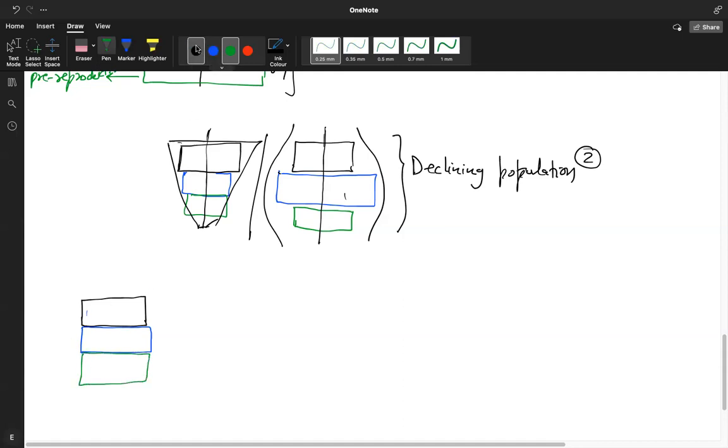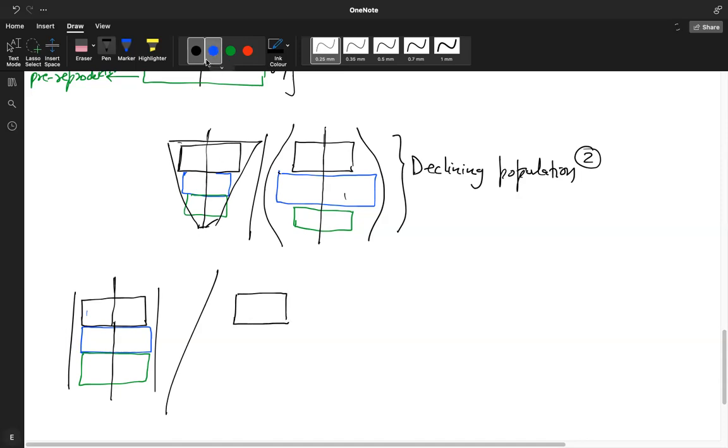So something like this is a stable population, correct? But apart from this, a shape like this, because you remember the post-reproductive phase will die, they are not going to contribute, they're not going to become reproductive again.